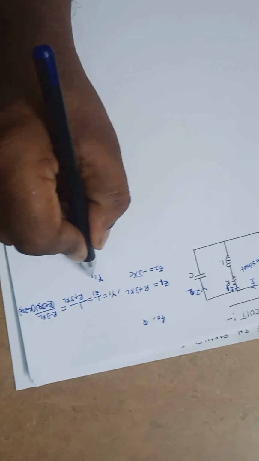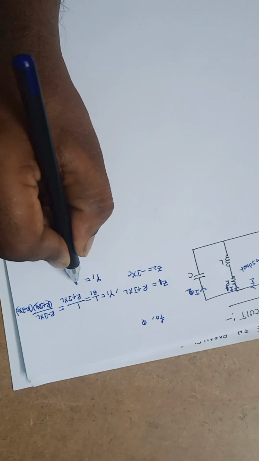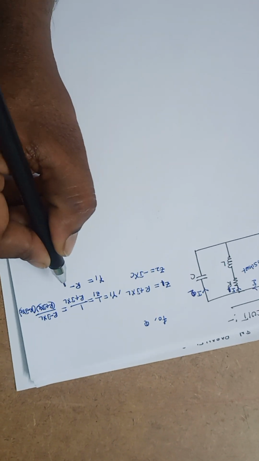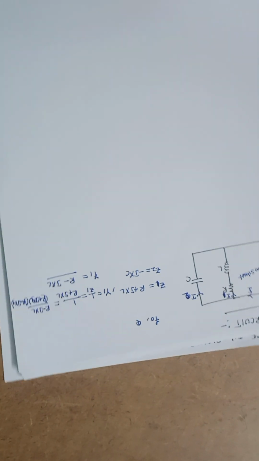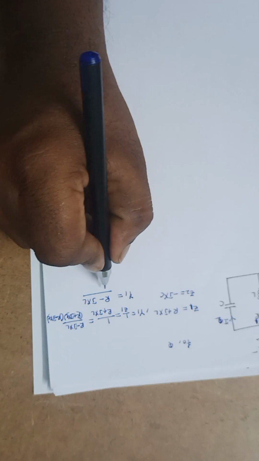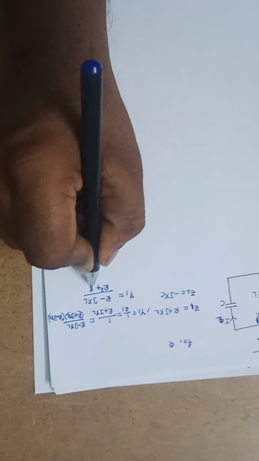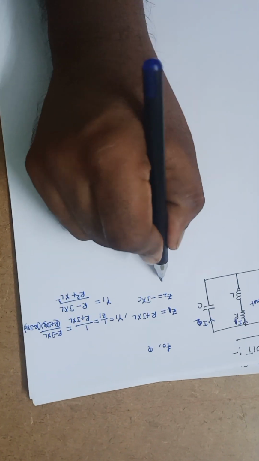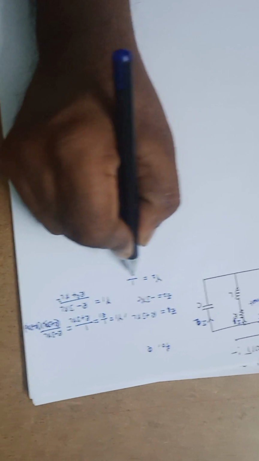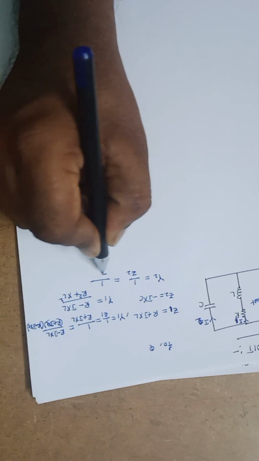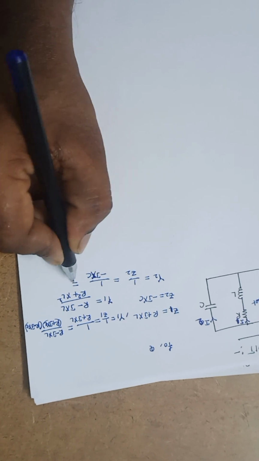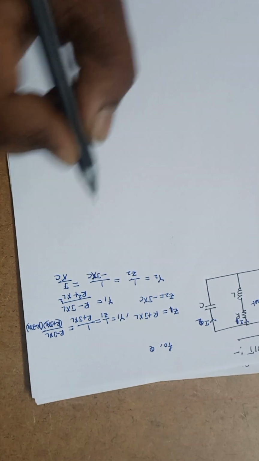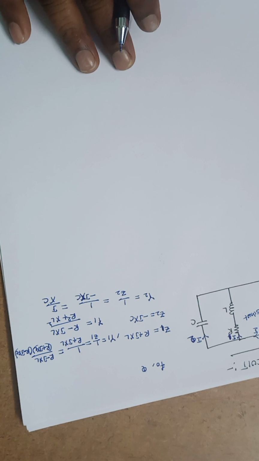So this Y1 is equal to R minus J into XL divided by R square plus XL square, and Y2 is equal to 1 by Z2, that is equal to 1 divided by minus JXC. I can write it as J divided by XC. It is Y2.